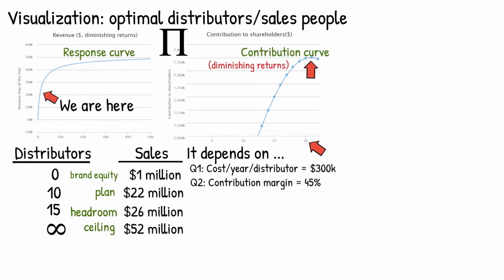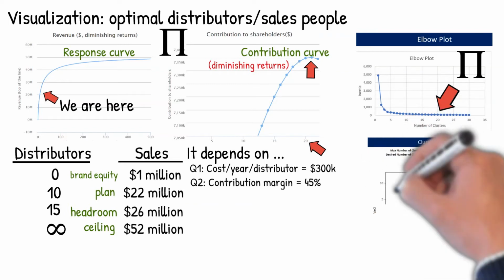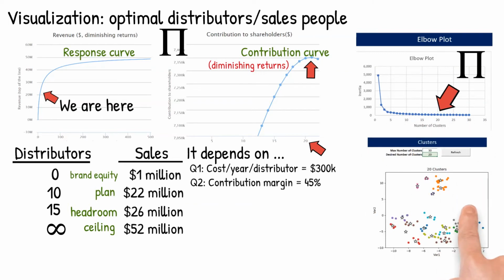This contribution curve is the holy grail curve to the CFO. They don't want to hire too many people, but they don't want to hire too few people either. Therefore, we know that on the elbow plot, we need to have about 20 clusters, 20 locations. And then we get finally cluster analysis to help us determine where they should be located and which customers they should be assigned to.